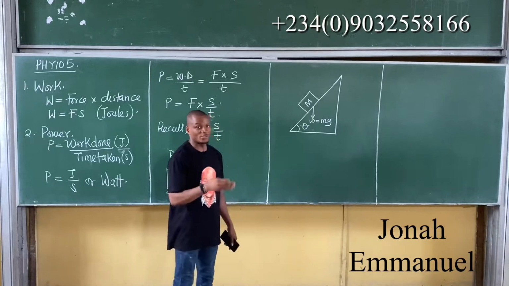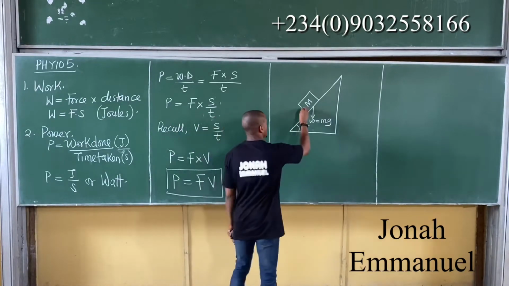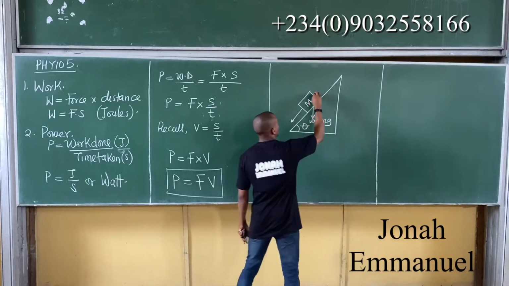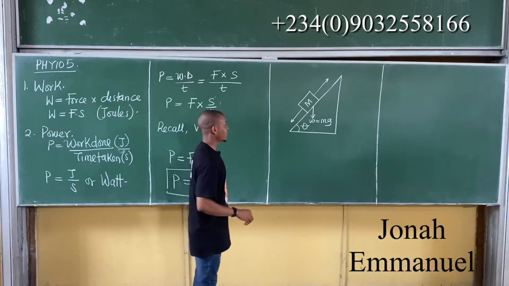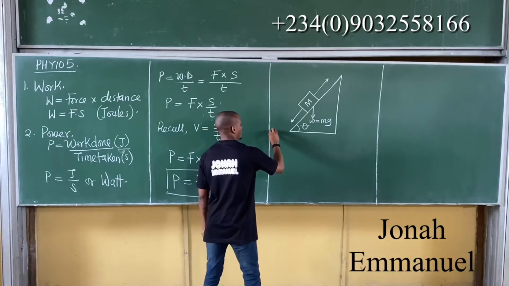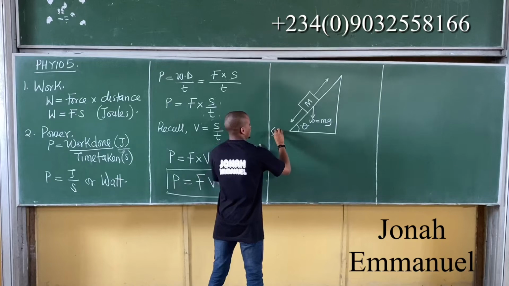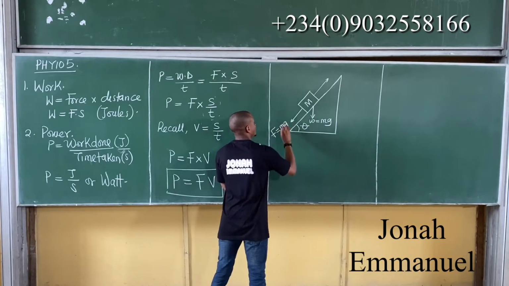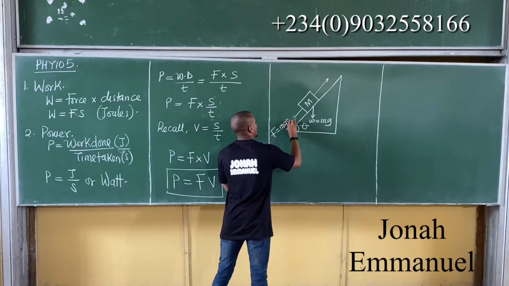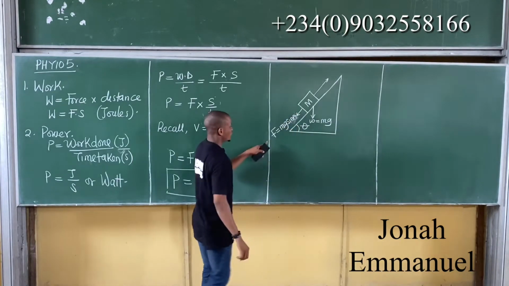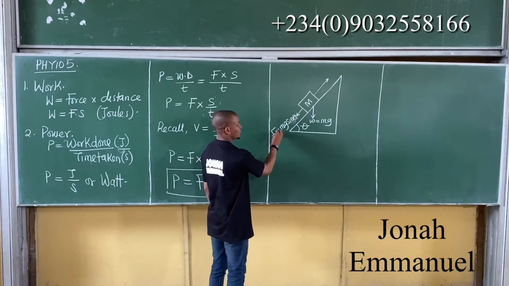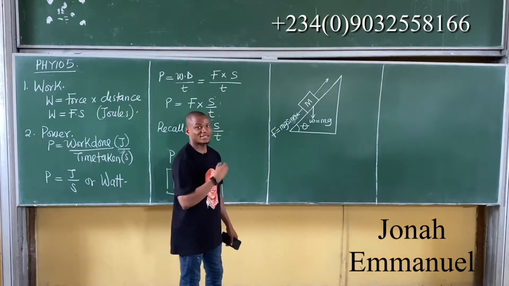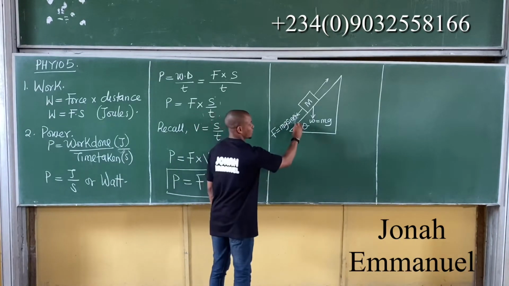What's important to note is that the force that moves a body up or down an inclined plane is given by F, which is equal to mass times gravity times sine of theta.